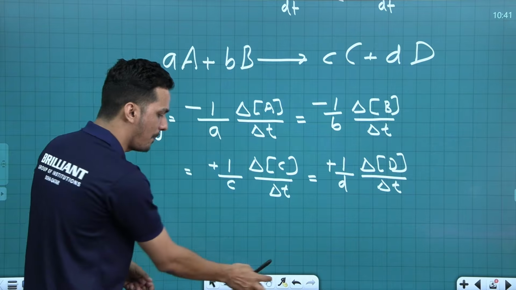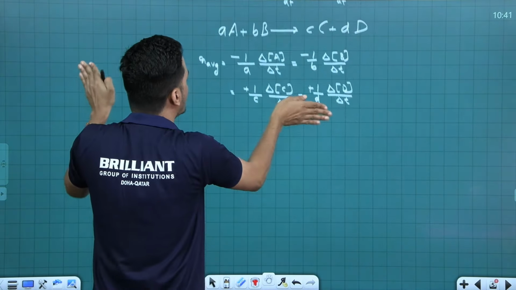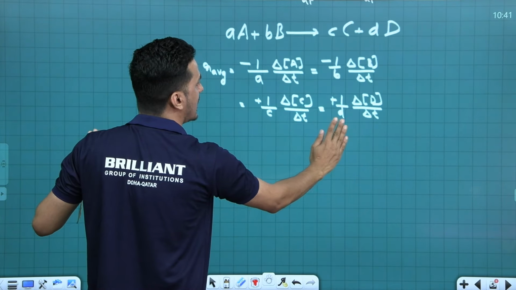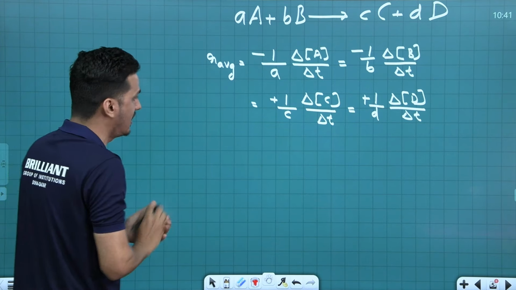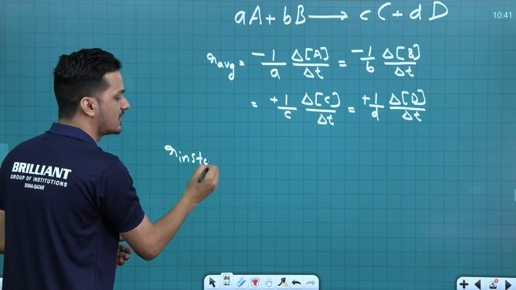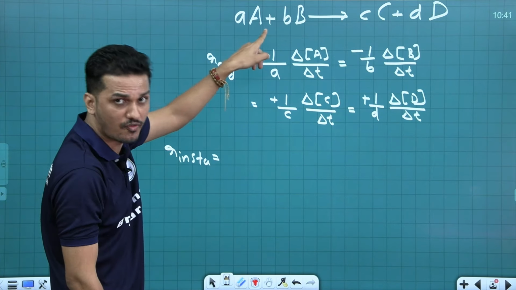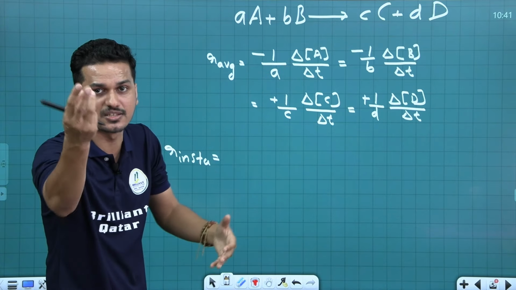Similarly, how can I represent R instantaneous? Look here carefully. Listen to me very carefully. This is our general reaction. R instantaneous is equal to, in terms of A, instead of this delta, I have to put d by dt, a small change.